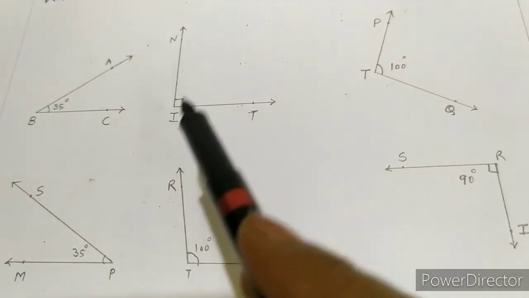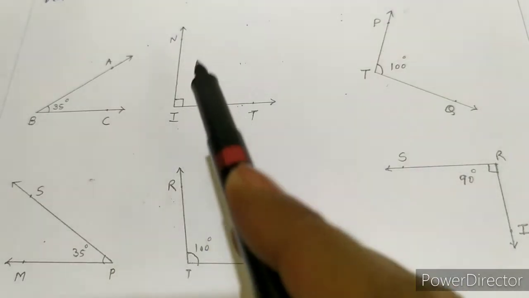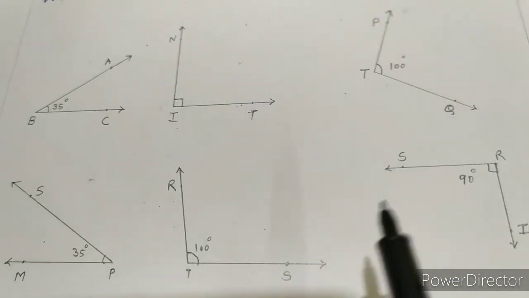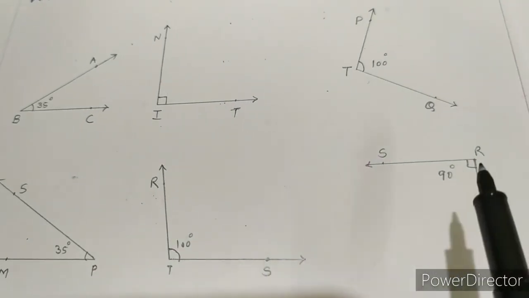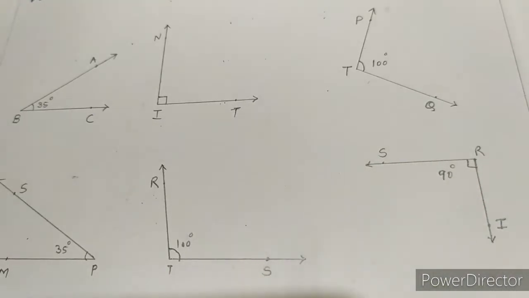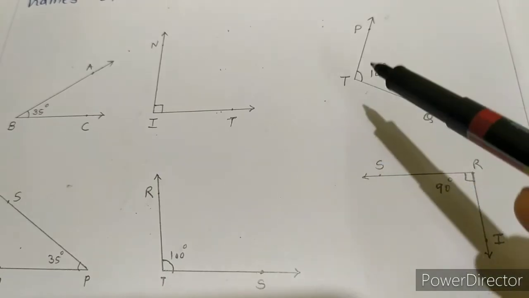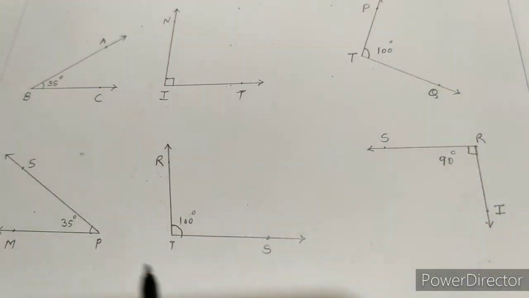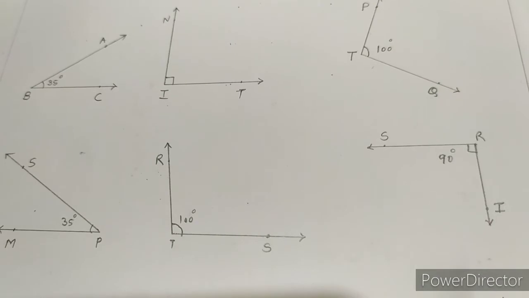Measure of angle NIT is 90 degrees, and here you can see measure of angle SRI is also 90 degrees. So both are the same, equal. Then angle PTQ and angle RTS are also exactly the same, that is 100 degrees.